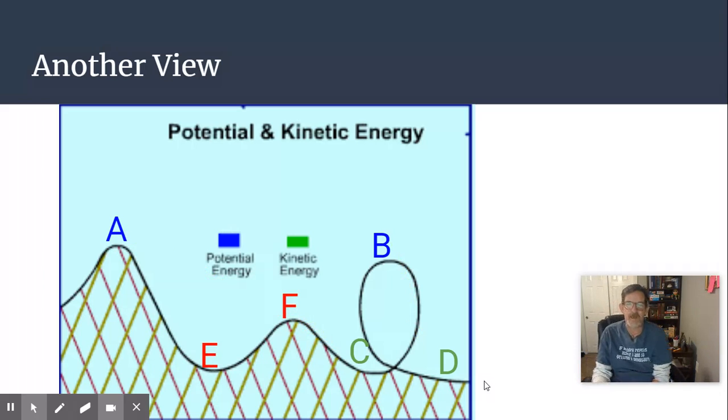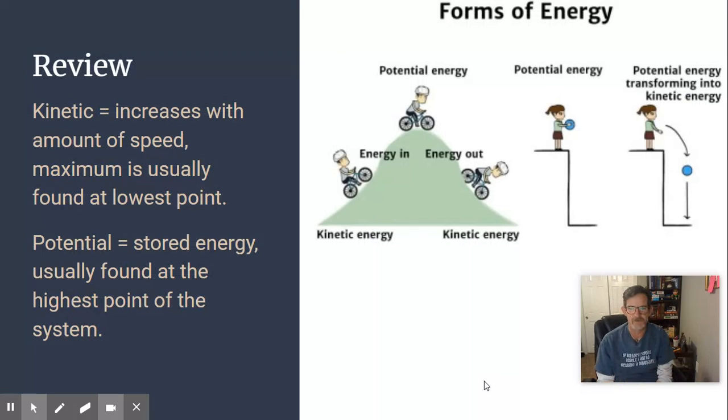When we look at E and F here, these are kind of the midpoints, and they have both because we aren't at our maximum bottom, but we also aren't at our maximum height. So they contain both, but you have to realize top height, potential energy, bottom height, kinetic energy.